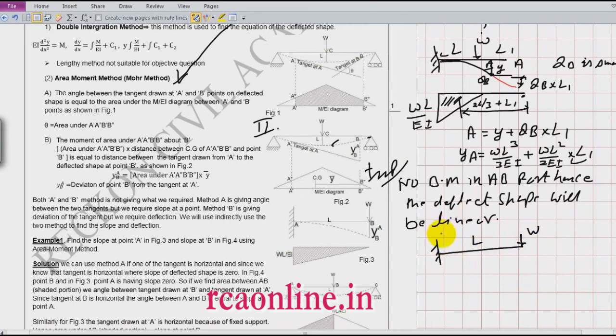So you can now remember that if this is a cantilever with length L, then the deflection y will be WL cube over 3EI, and theta is WL square over 2EI.